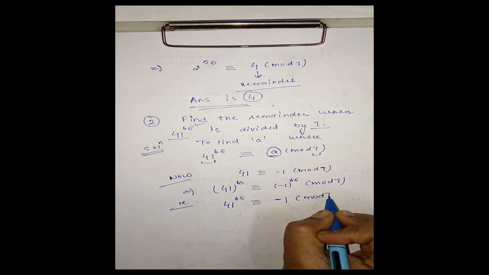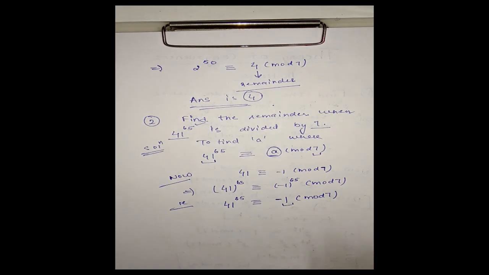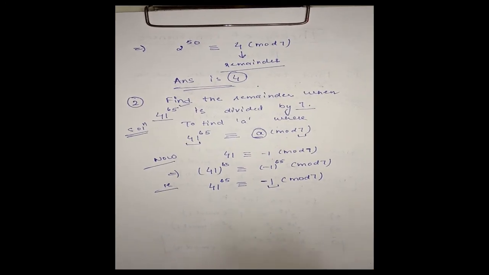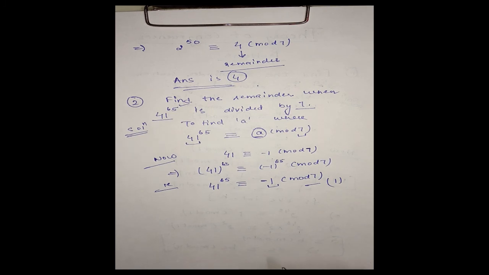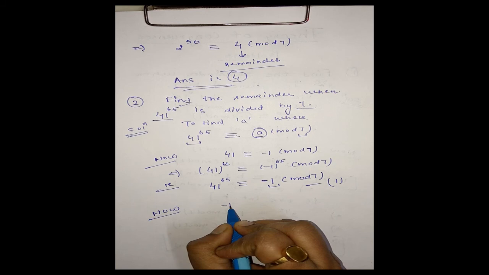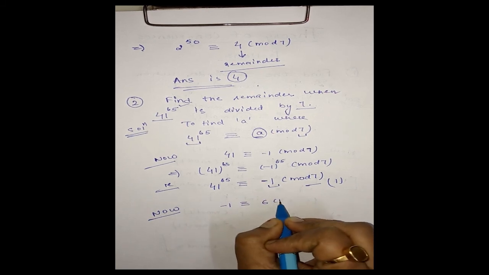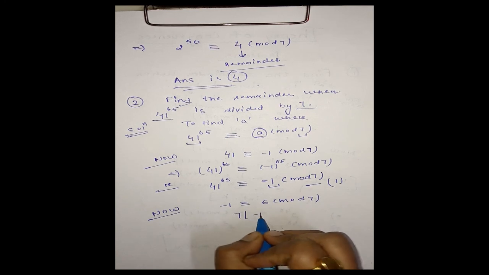Modulo 7. Now minus 1 is a remainder, but we want the answer free from negative sign. Mark this as equation number 1. Now minus 1 is congruent to 6 modulo 7, as 7 divides minus 1 minus 6, that is minus 7.